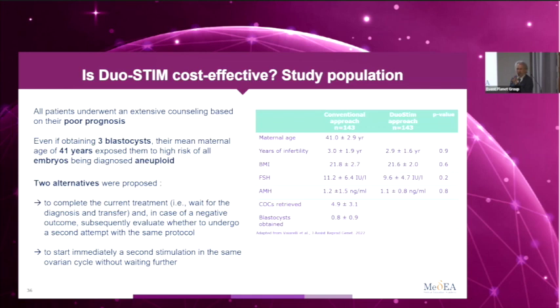So we are talking about Poseidon group 4, patients with a low ovarian reserve, but still acceptable, that can still be stimulated. They were not randomized. This is a general experience. Only patients that had from 0 to 3 blastocysts were given 2 possibilities.